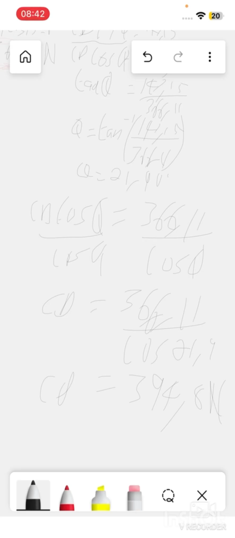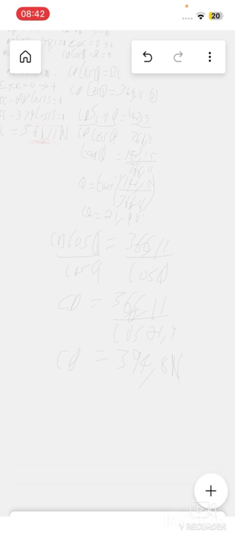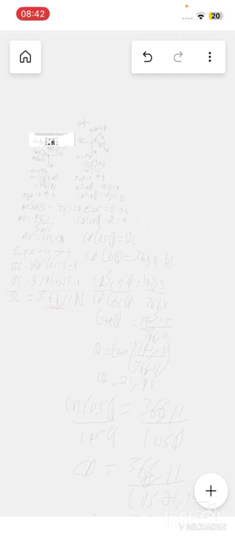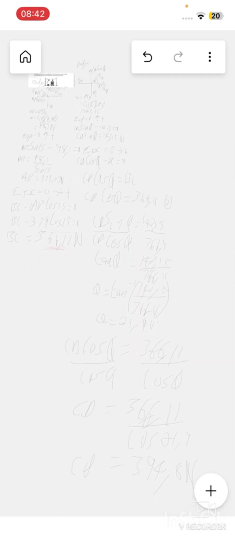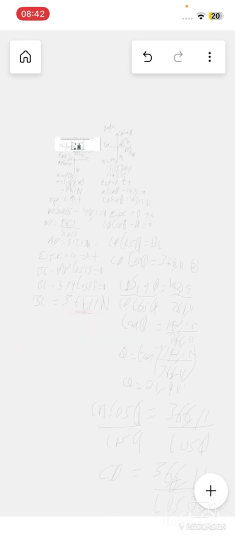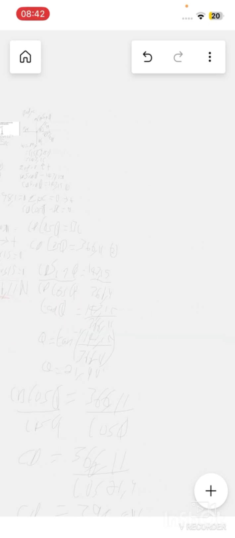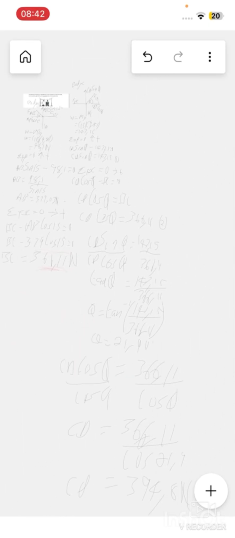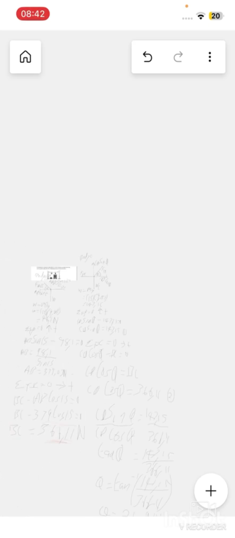We are left with drawing the force polygon for both equations. Let's start here.